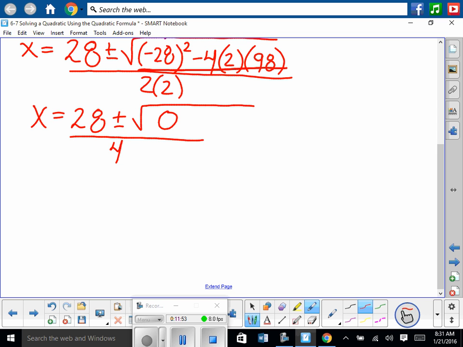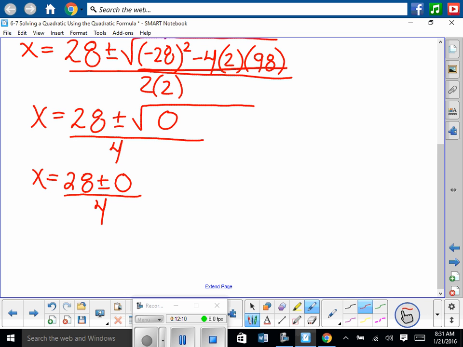Then you take in your calculator the square root of 0, which is 0. So really we have x is equal to 28 plus and minus the square root of 0, which was 0, all over 4. So Tyler, this is going to be one of those problems you were asking about.